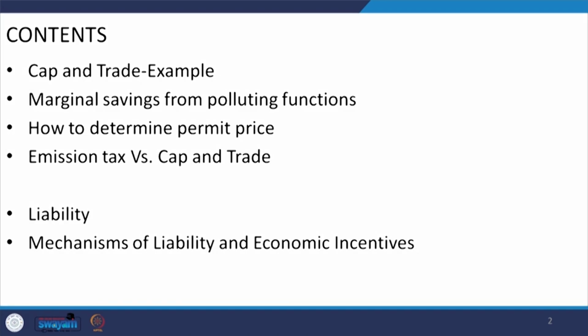We will discuss the mechanisms of liability and how it can also provide economic incentives.